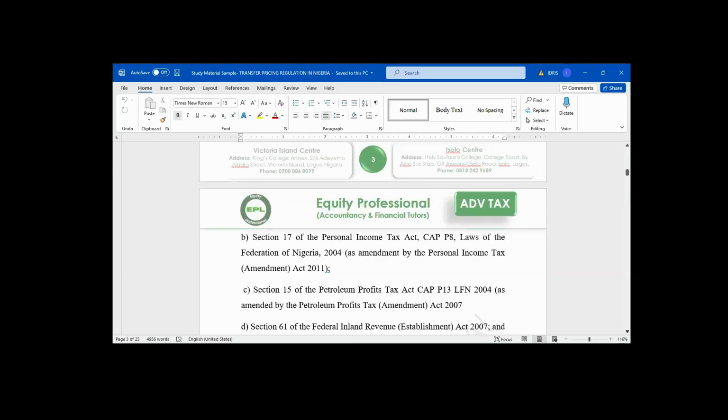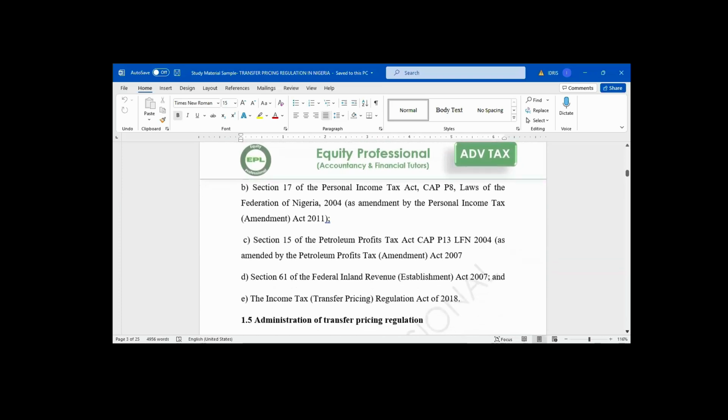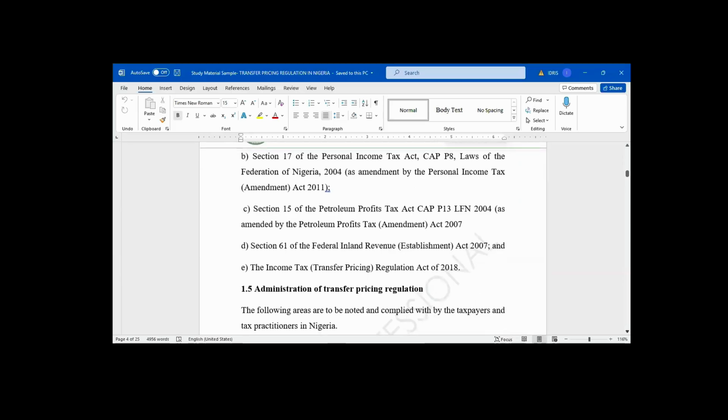Section 15 of the Petroleum Profit Tax Act, as amended, also talks about transfer pricing. Section 61 of the Federal Inland Revenue Service Act 2007 also discusses transfer pricing.